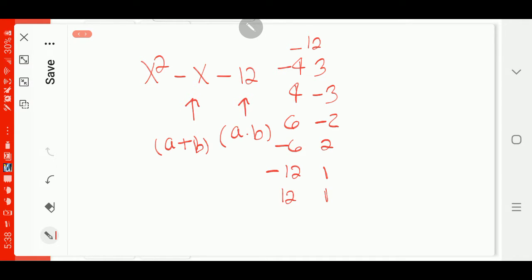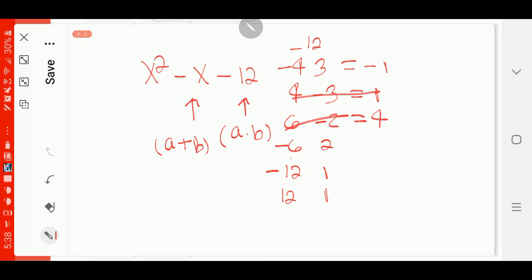All right, so now that we have terms that multiply up to -12, we want to find out which one of these terms adds up to -1. So -4 plus 3 is -1. But before we get ahead of ourselves, let's add up all the other terms. 4 minus 3 is 1, so that doesn't work. 6 minus 2 is 4.